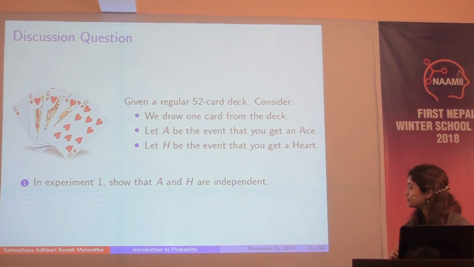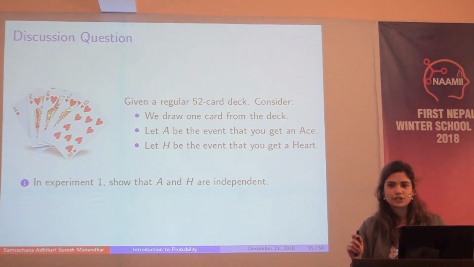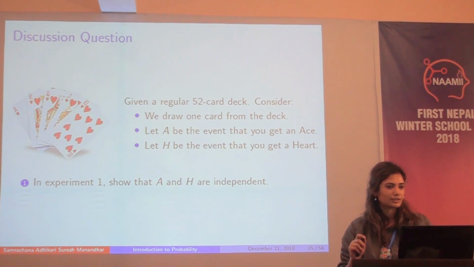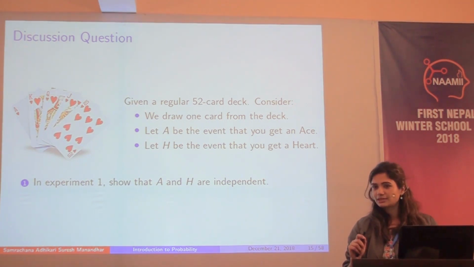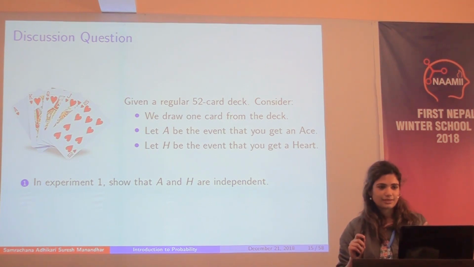So let's talk through this. If we were to show two events are independent, what are the first few things we need to start thinking about? Intersection, yeah. And then? Marginal.